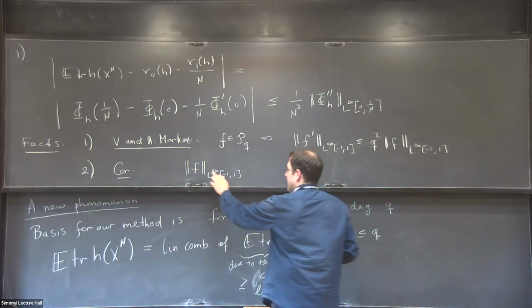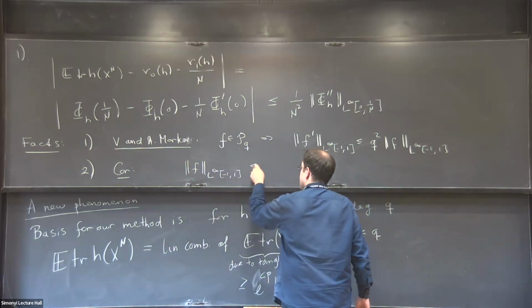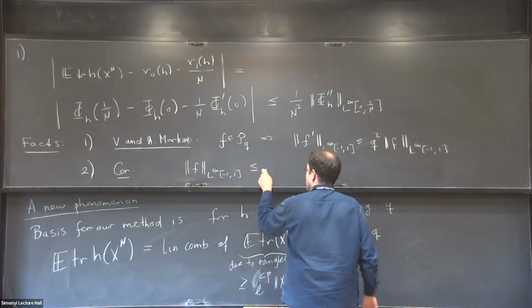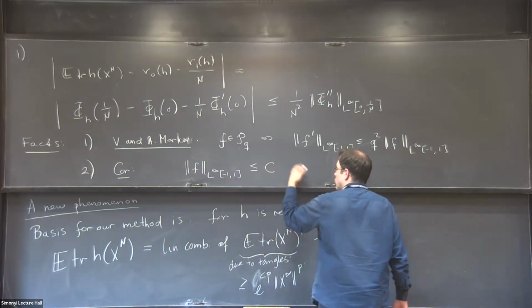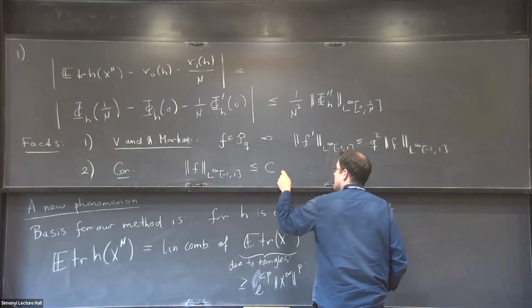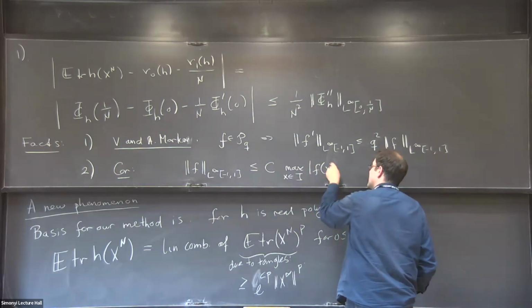So if I take a polynomial, its uniform bound on the interval -1, 1 is actually bounded by a constant, I think you can pick two, but you can play with the constant, a universal constant times the maximum of the polynomial on a discrete set.